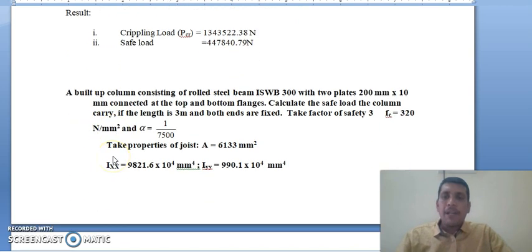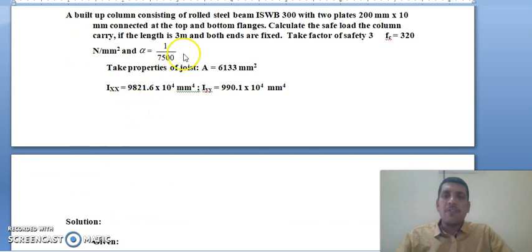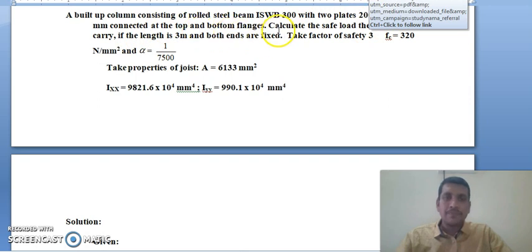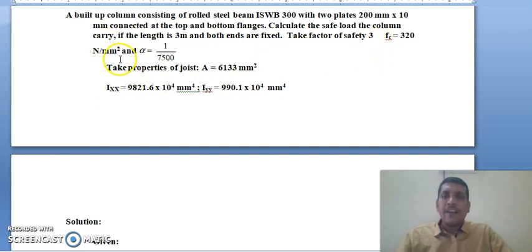A built up column consisting of rolled steel beam ISWB 300 with two plates 200 mm by 10 mm connected at the top and bottom flanges. Calculate the safe load of the column if the length is 3 meter and both ends are fixed.